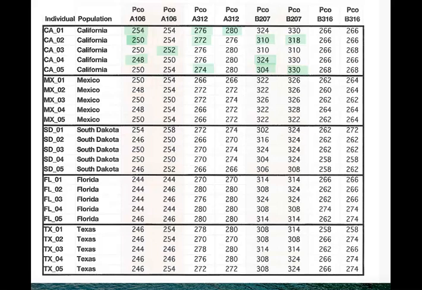So again, we've got 304, 310, 324, 318, and 330. And in the last one, for gene 316, we have 266 and 268. That's it. Those are the only ones that are different.